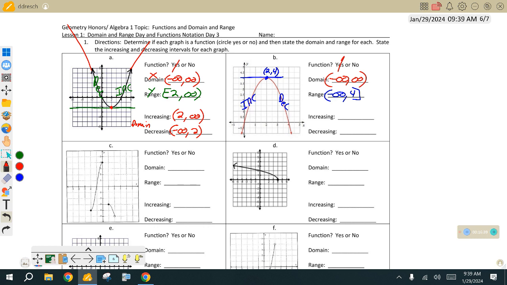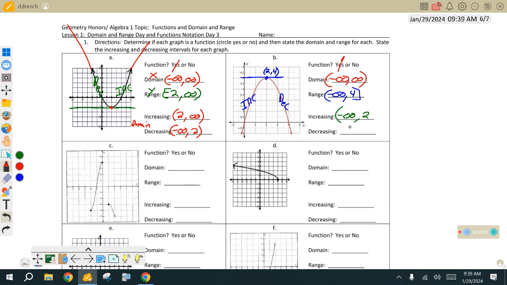Okay, so now let's go ahead and make the intervals. This thing is increasing from left to right. So it's increasing this time from left to right. So from negative infinity, our eyes are coming up. And where is it flipping? It flips at 2.